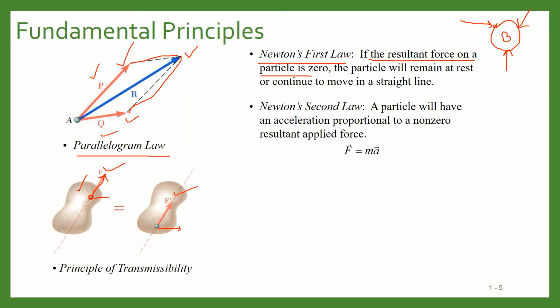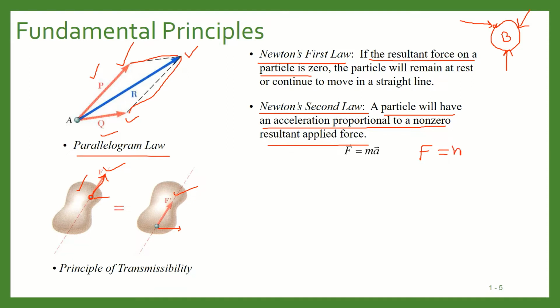And then next, Newton's second law. A particle will have an acceleration proportional to a non-zero resultant applied force. So now if the resultant force is not 0 but has a certain magnitude F, then the acceleration of the particle because of this unbalanced force will be directly proportional to the force.